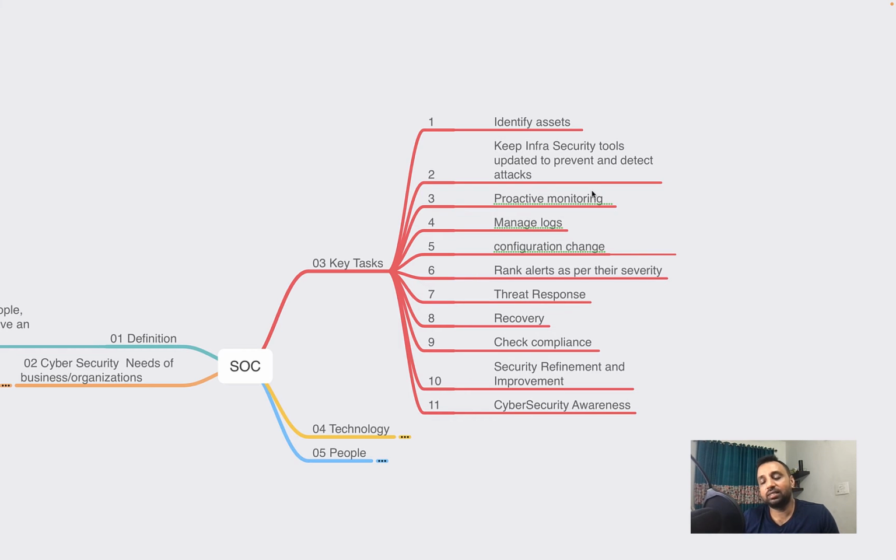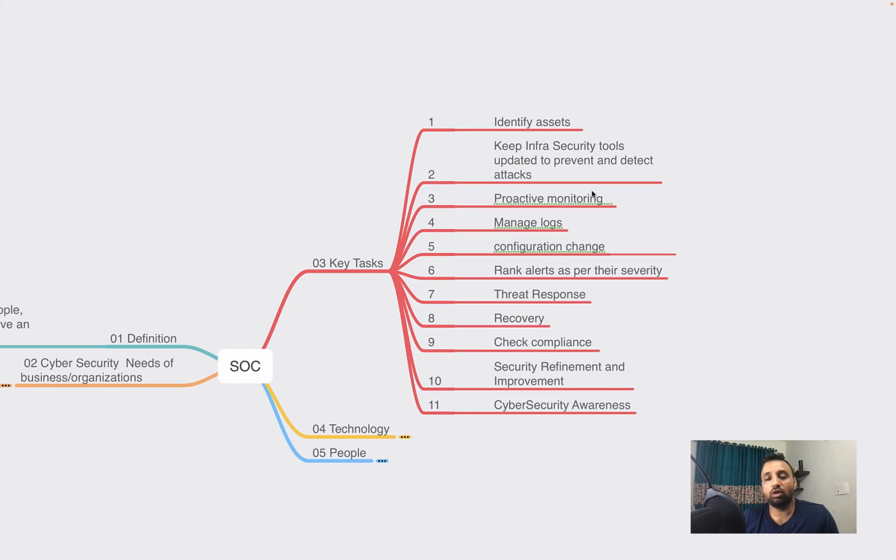And then if there is an issue, for example, if the system goes down because of this security threat, they would start the recovery process. They also ensure that the IT infrastructure is under compliance as mandated by regulatory bodies, government agencies, internal and external auditors, or people who want to verify that you are maintaining the basic hygiene as recommended by these various agencies.